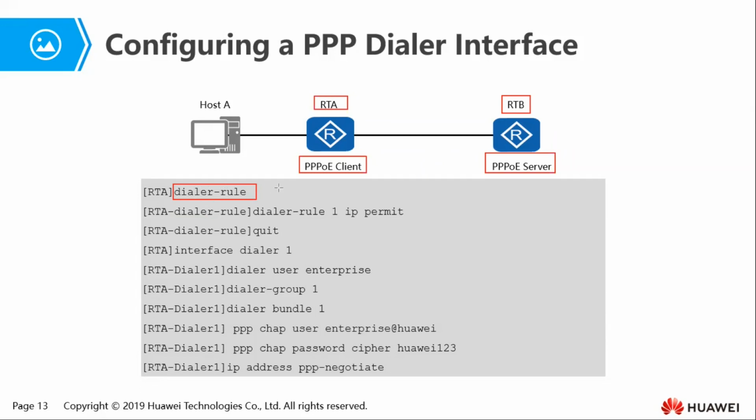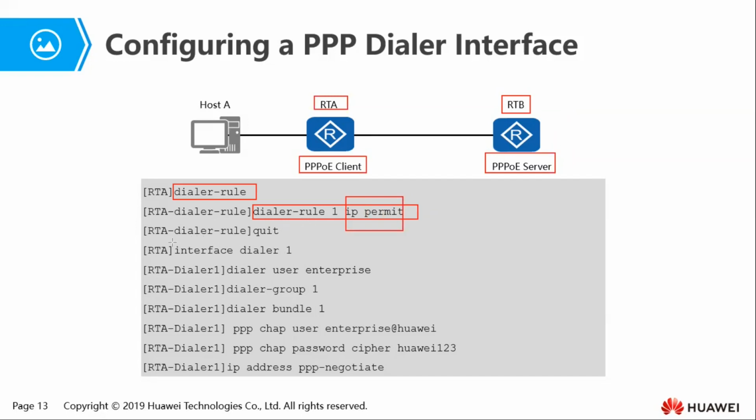Once we enter dialer rule, we can set a condition, like permitting any IP packets on this dialer interface.